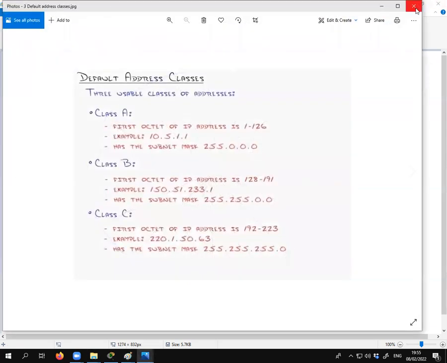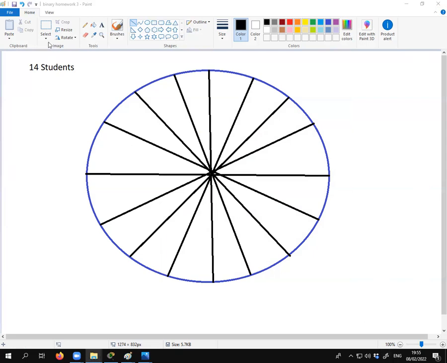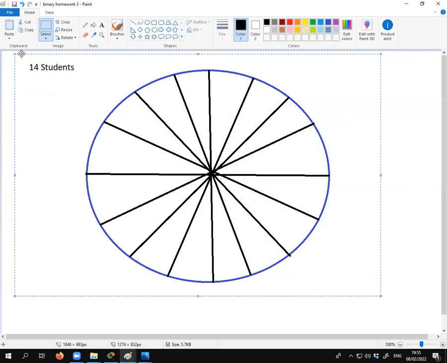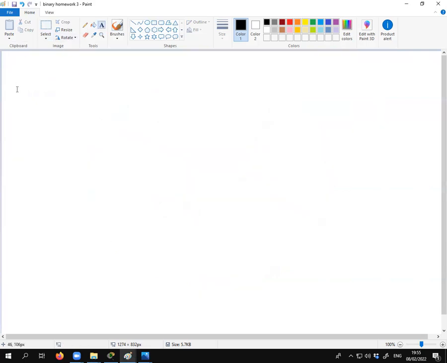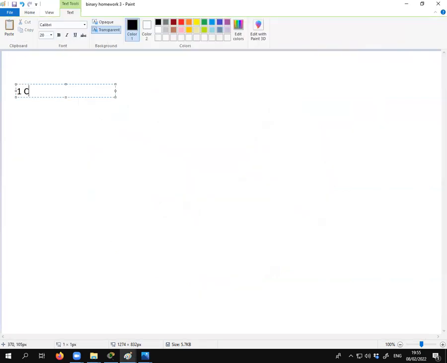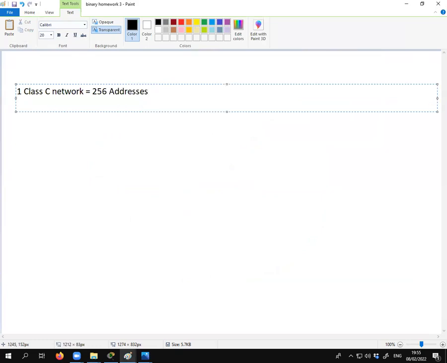So if we look at the same logic, let me look at the class C. How many addresses in the class C network? One class C network will give us 256 addresses. I'm not talking about hosts, I'm just talking about overall addresses. Now what do we do if I took that one class C and divided it into 2 subnets?